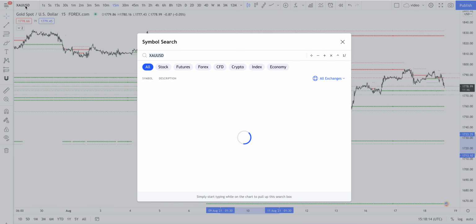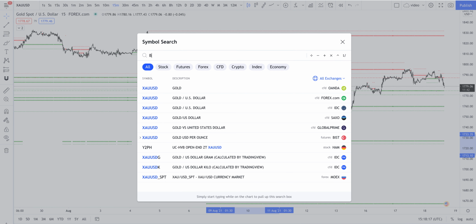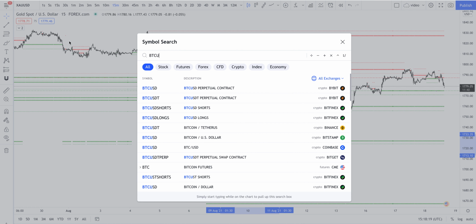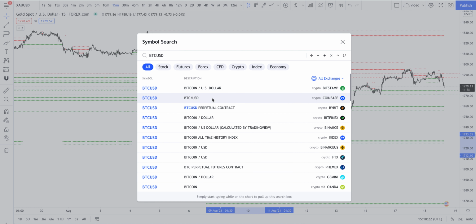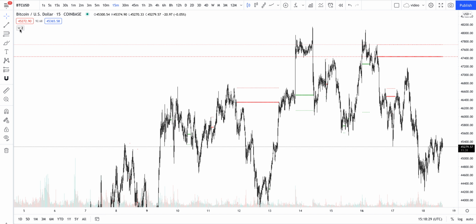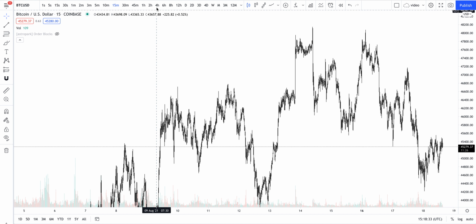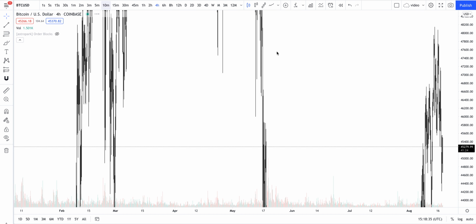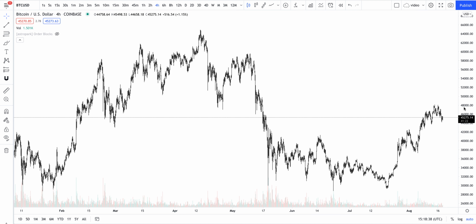Okay, let's check some other assets. For example, Bitcoin. For Bitcoin, I prefer to move to higher time frames, because the higher the time frame, the more important and more valid the zones are.